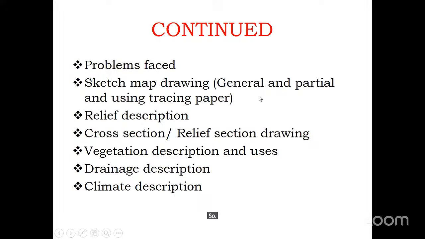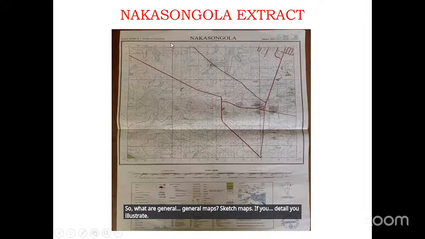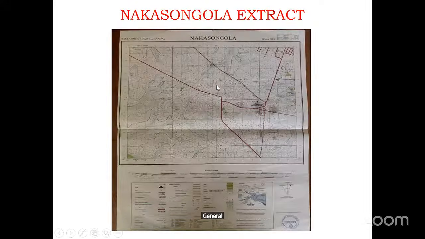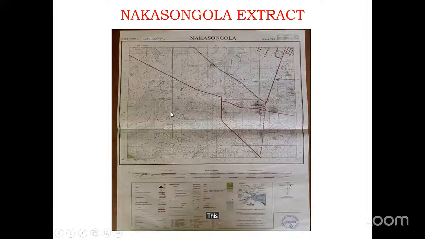So, what are general sketch maps? If they tell you illustrate the area shown on the map, you are going to draw the area of this map, the whole map. But if they tell you draw the area shown on the map west of Easting 40, this is now the area.